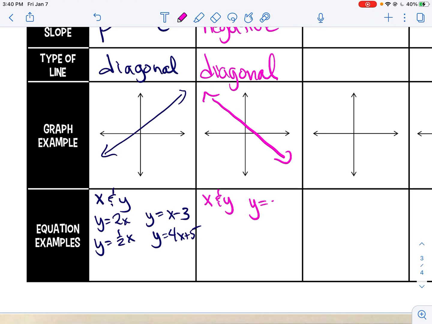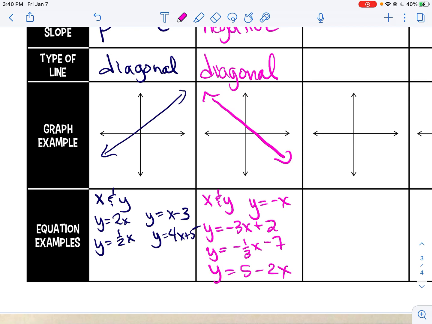It'll be things like y equals negative x. Y equals negative 3x plus 2. Y equals negative 1/3 x minus 7. Or y equals 5 minus 2x. Those all have negatives in front of the x.